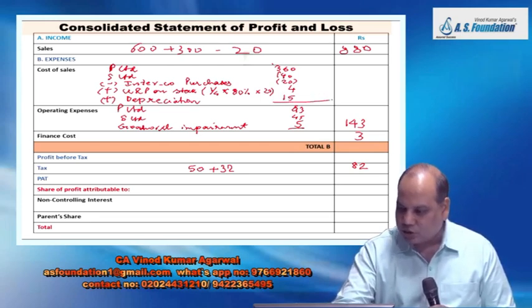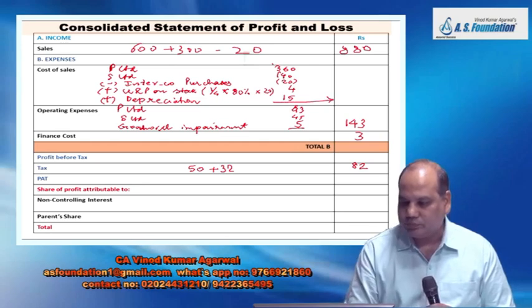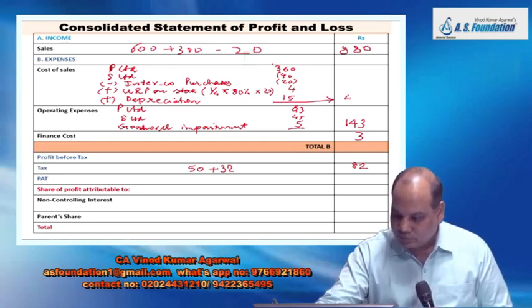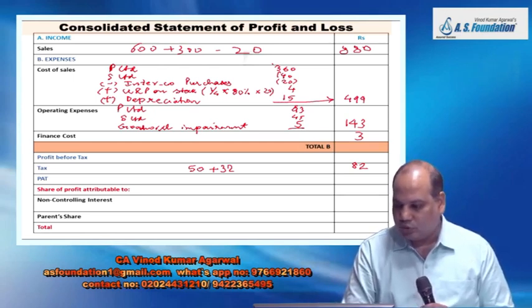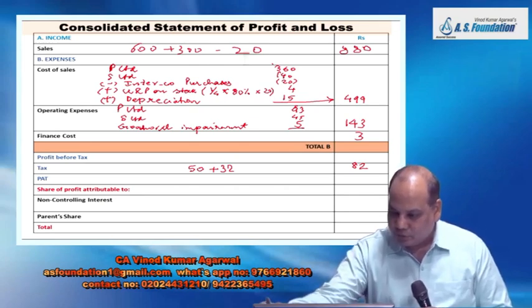Now you take this total in the outer column. 499. Only 20 you will deduct, all others you will add. Now you tell me total of B. Total of B means total of expenses.